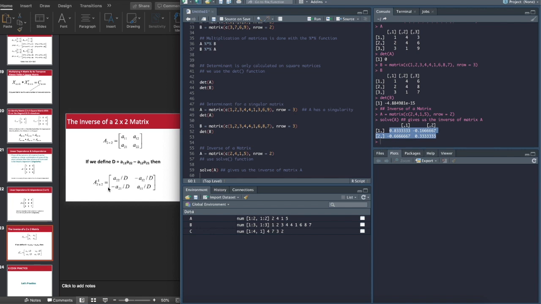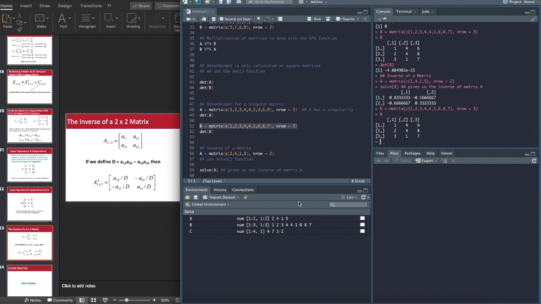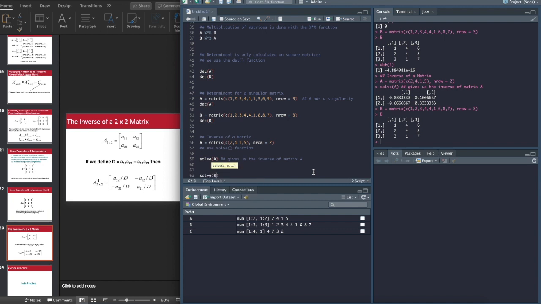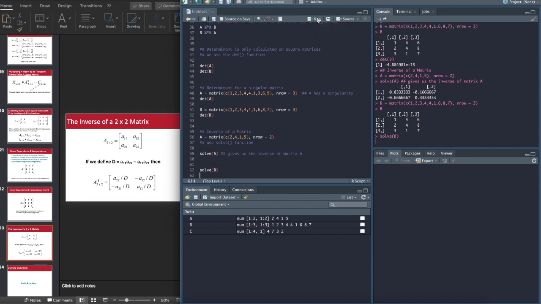But what happens when the matrix is not invertible, which means that you can't invert the matrix? That happens when the determinant is equal to 0, because you can't divide something by 0. So in fact, if I do this matrix B here, this matrix has a singularity, so I can't really do solve B, because some of these elements need to be divided by the determinant, which is equal to 0, which in this case will give us an error.